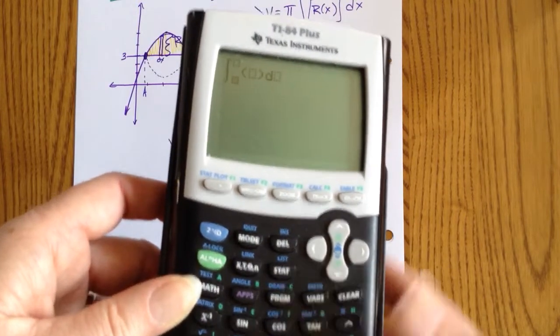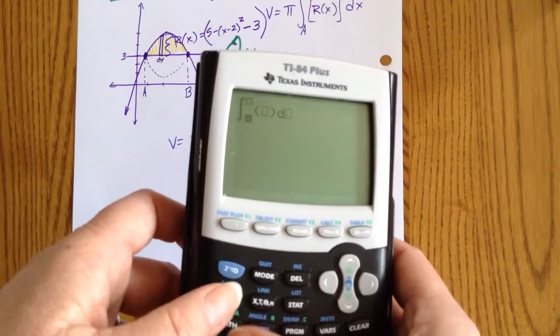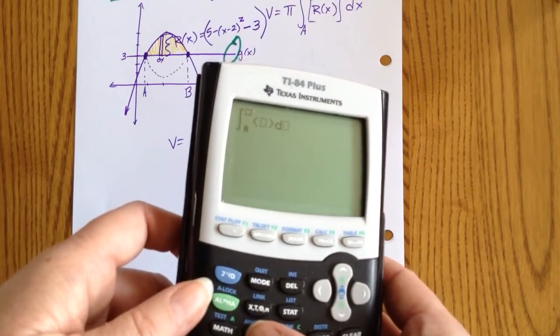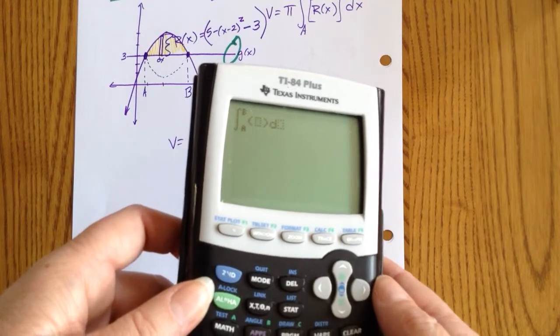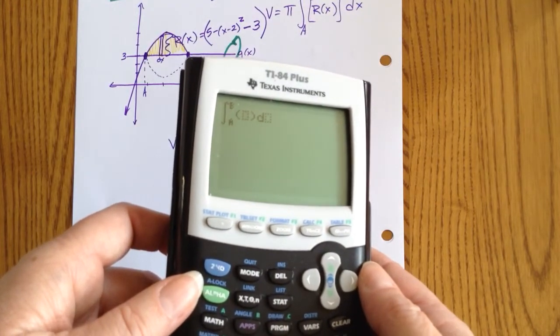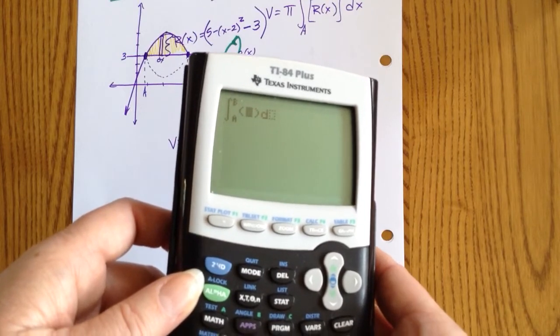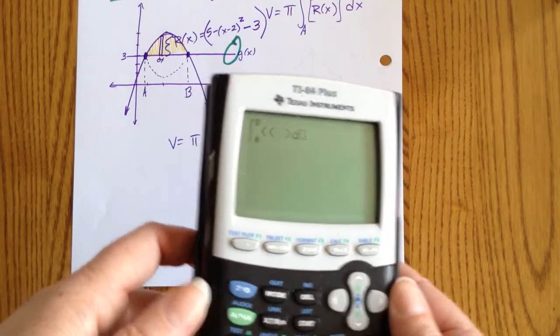All right. Now, we're going to integrate from A to B. So I literally use alpha A, alpha B. Now, this is a little bit tricky. Our radius needs to be squared, and there's already a set of parentheses. You will nest a set of parentheses within the parentheses. So I open a new parenthesis right there.